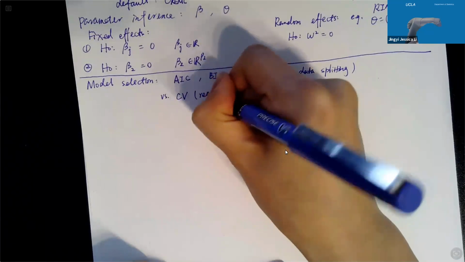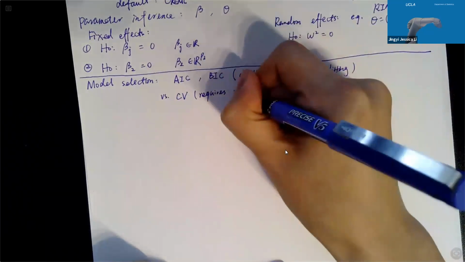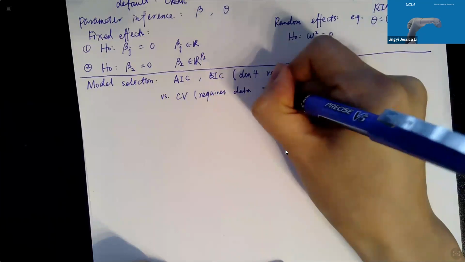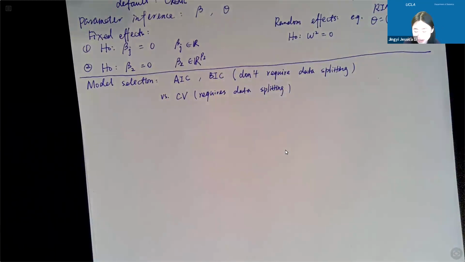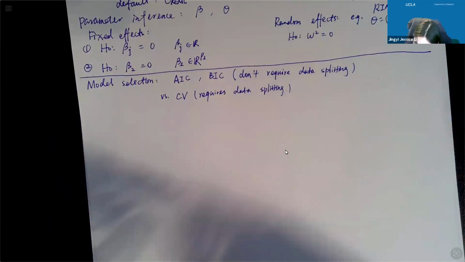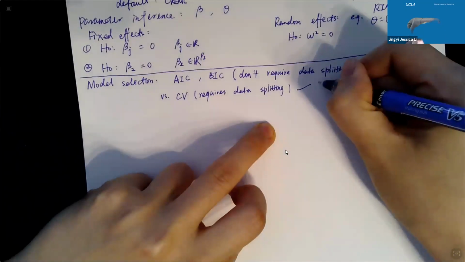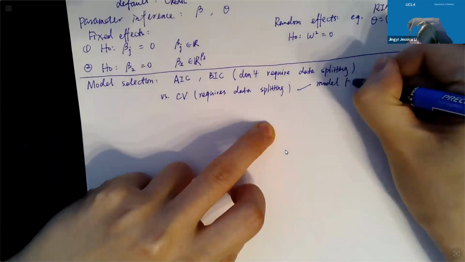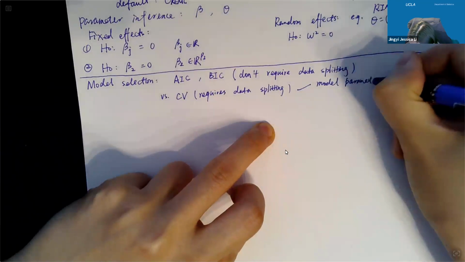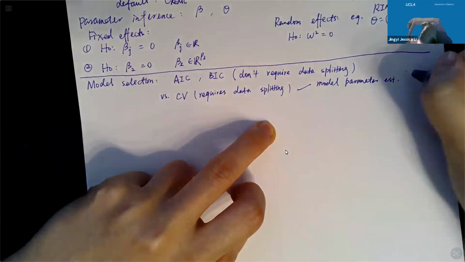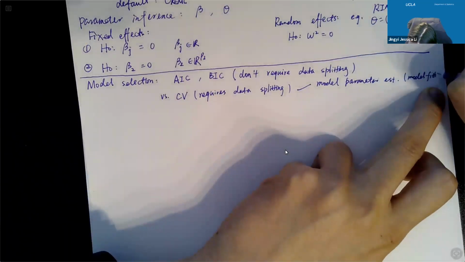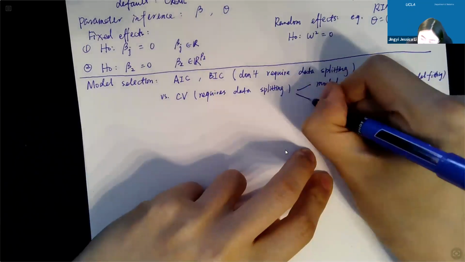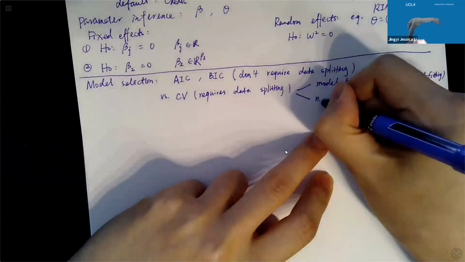So you can see that cross-validation is a very intuitive approach, which means that you don't use the same data for model parameter estimation and also model evaluation. So you use part of your data for model parameter estimation, which is also called model fitting, and you use a separate part, the left out part, for model evaluation.